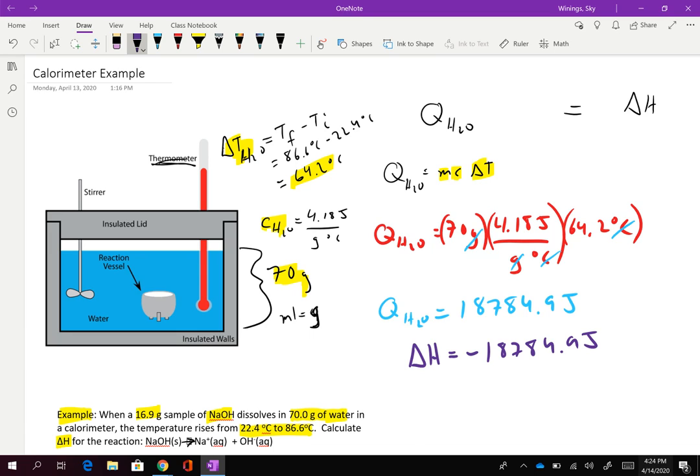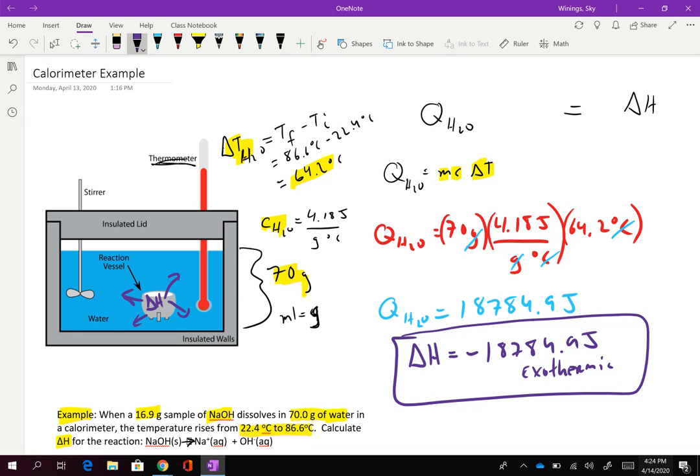My reaction was exothermic, so my delta H within here was exothermic, and the water was endothermic. So this is the final answer to the question, example number 1 provided.